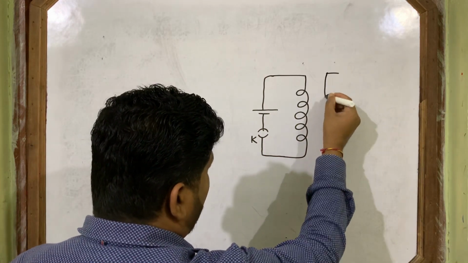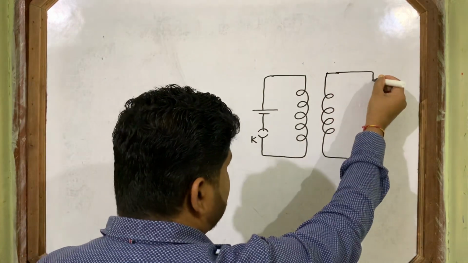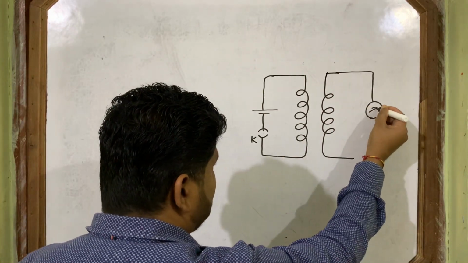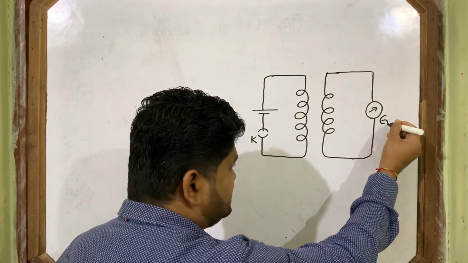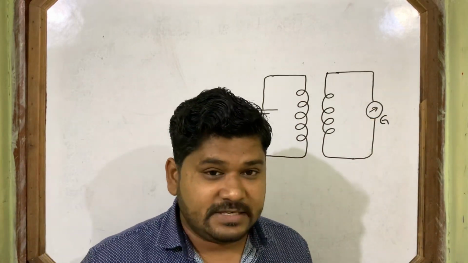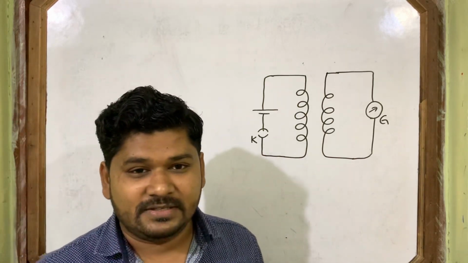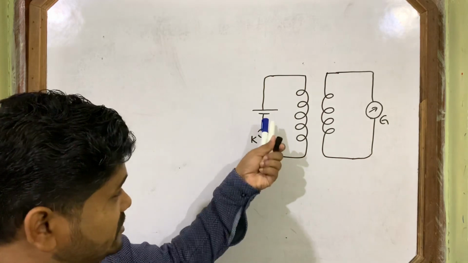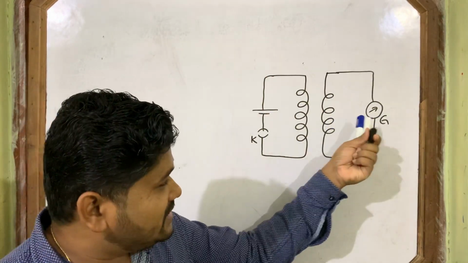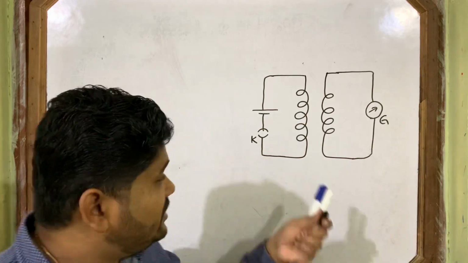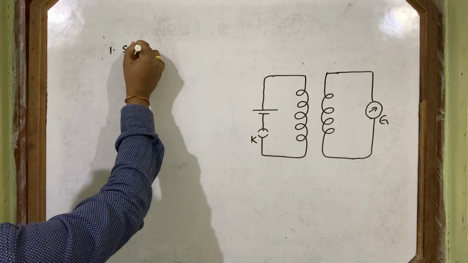Another coil is placed here, very close to the first coil, with a galvanometer. Now let's see what will happen if in the first coil the switch is on, because here one source is connected, but here no source, only the coil is connected with a galvanometer.